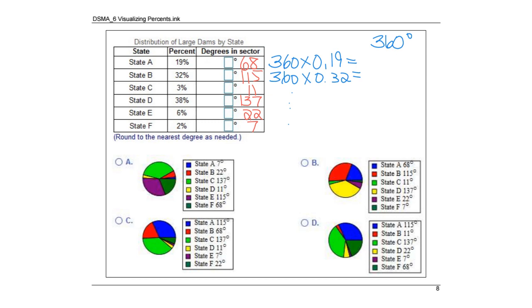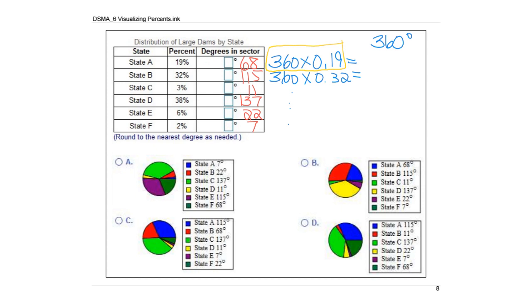All right, so we have 6 states, A, B, C, D, E, and F. They gave me their percents, but they want to make a pie chart. So to make a pie chart, remember a circle is 360 degrees around. So we have to know how many degrees each slice of the pie is going to be. So what we're going to do is take 360 degrees times 19% for the first one.